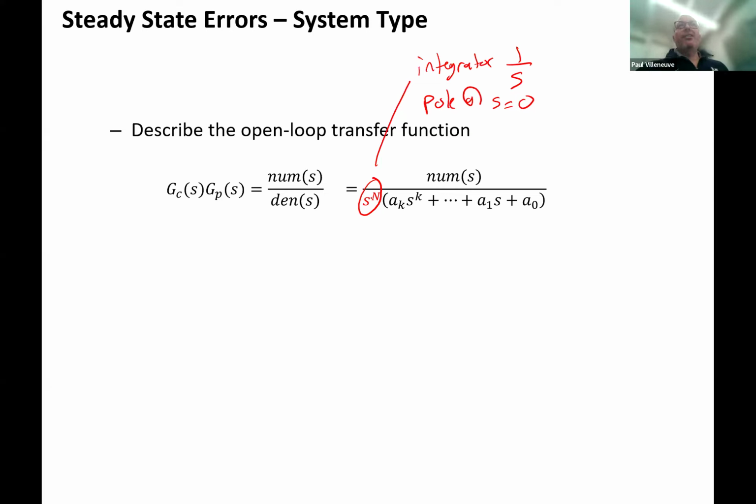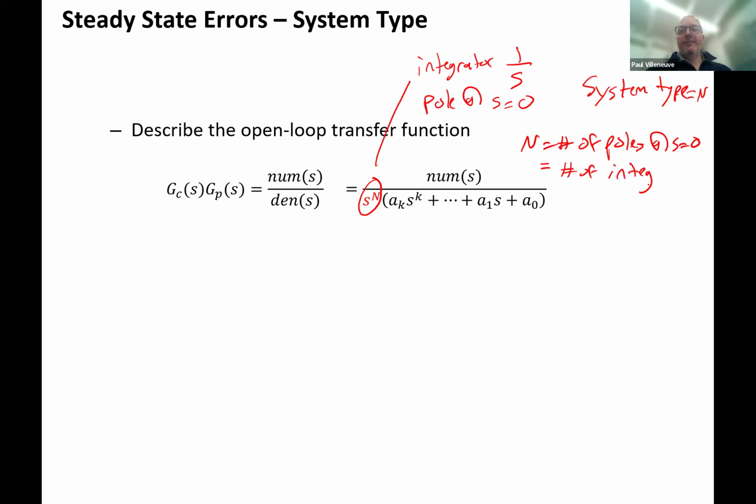So that pole at s equals 0 tells us something. It is called the system type. The system type is a number: type 1, type 2, type 3, type whatever. The system type is equal to n, where n is the number of poles at s equals 0, or the number of integrators.